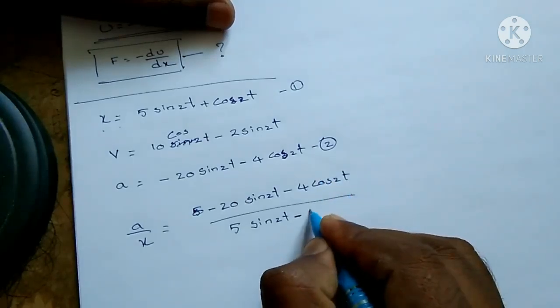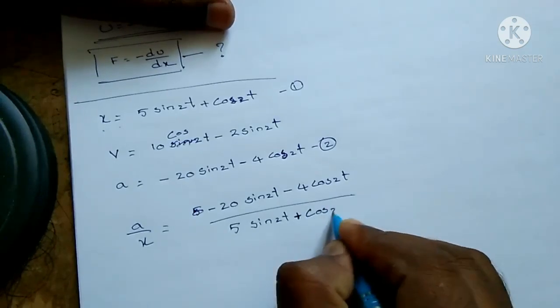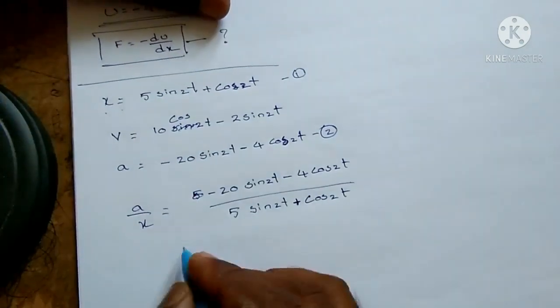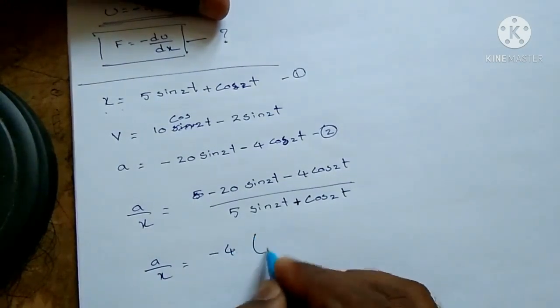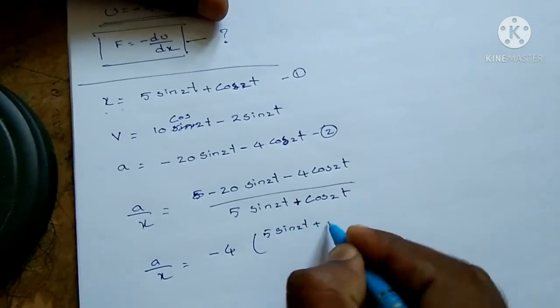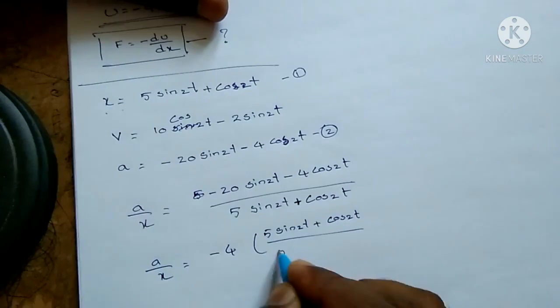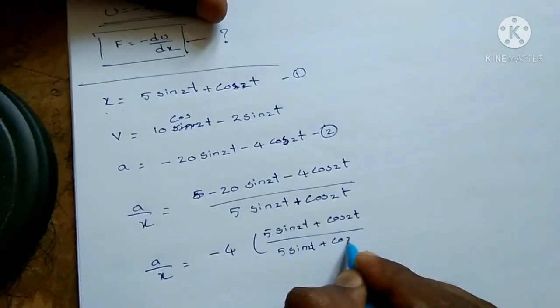If I take minus 4 common in the numerator, I will be getting a by x is equal to minus 4 of 5 sin 2t plus cos 2t divided by 5 sin 2t plus cos 2t.